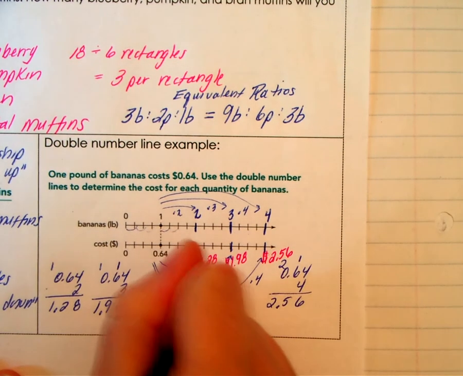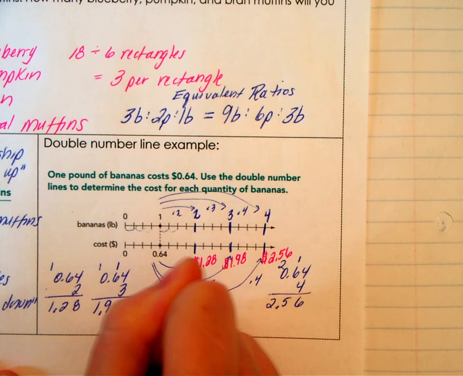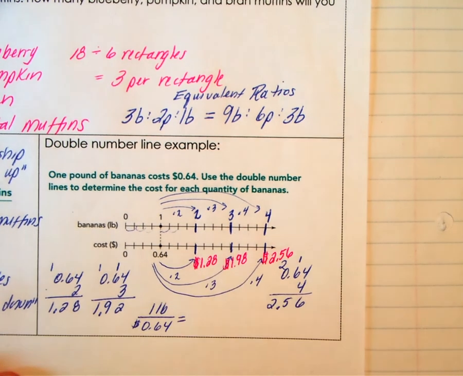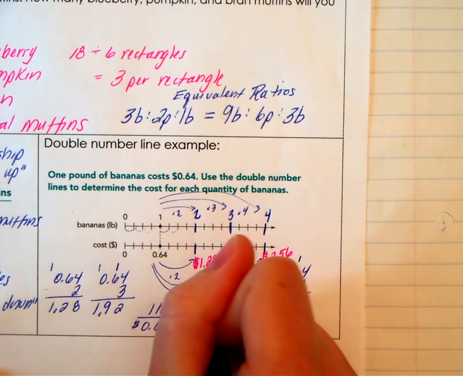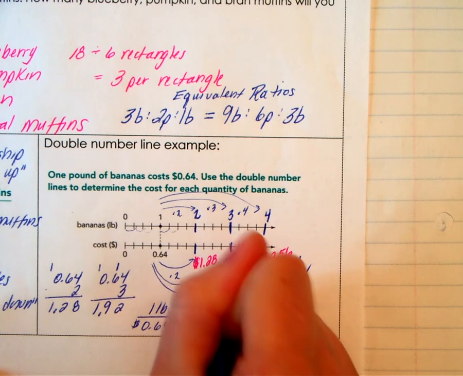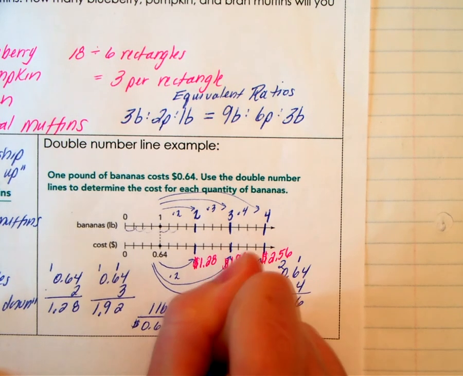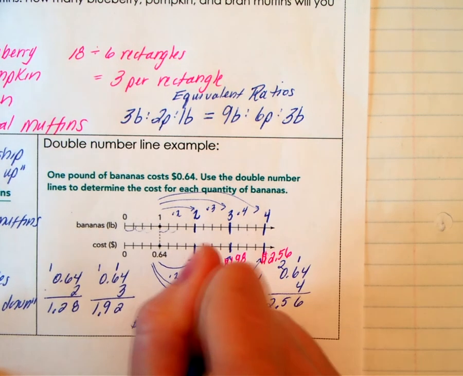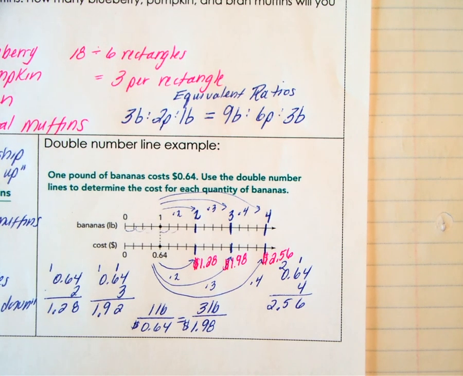It means that 1 pound to 64 cents is equivalent to the same relationship as 3 pounds is to $1.92. You could keep going. Or is equivalent to 2 pounds to $1.28. Or is equivalent to 4 pounds is to $2.56.